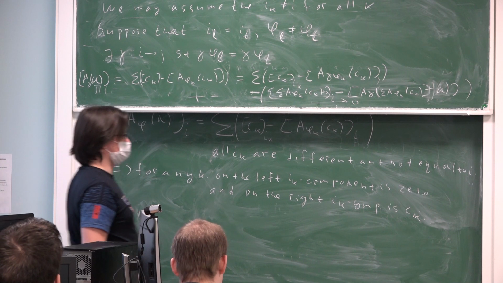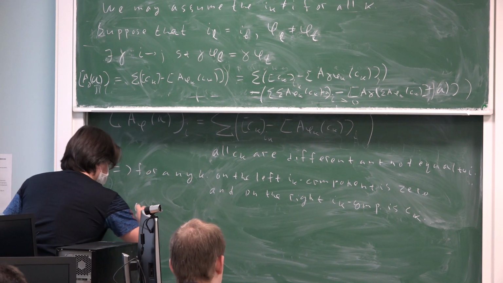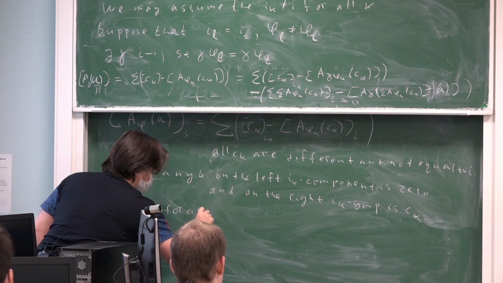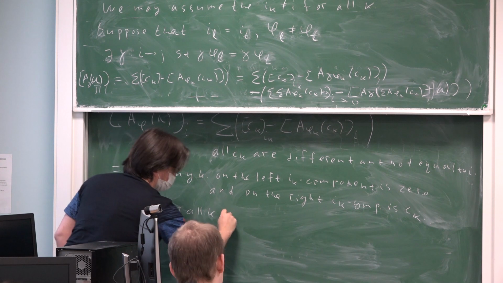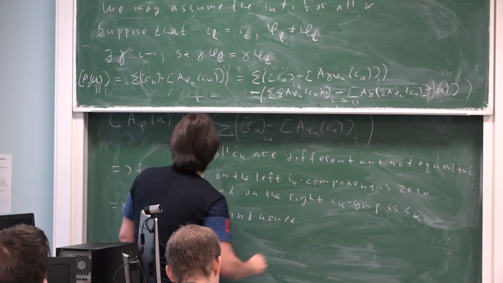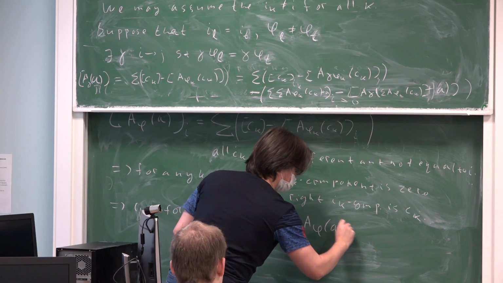So ck is equal to 0 for all k. And hence a phi of a is 0.